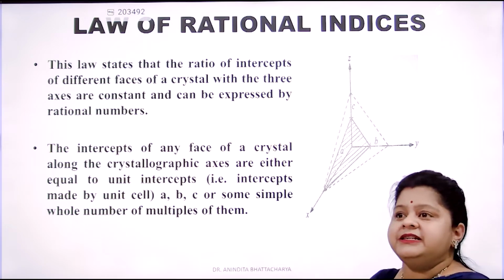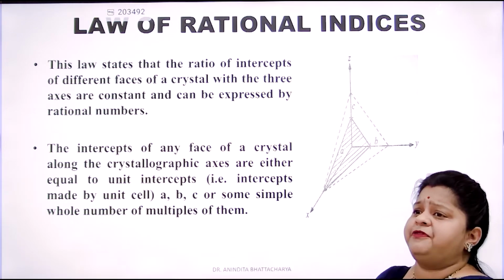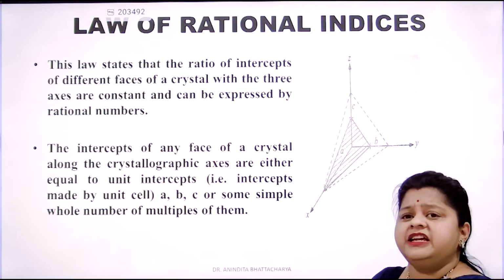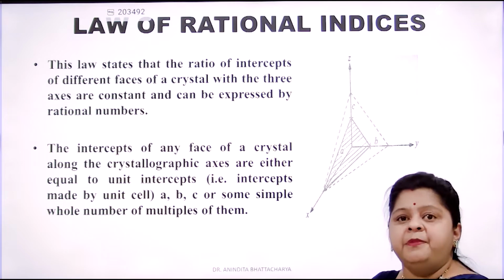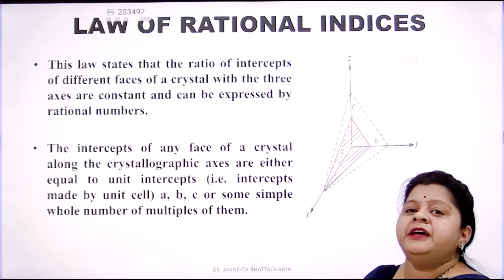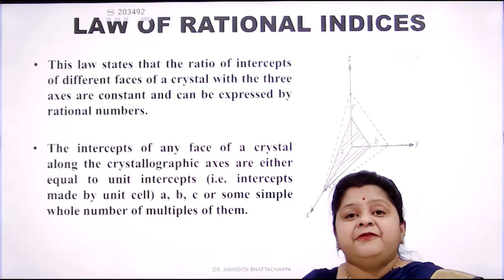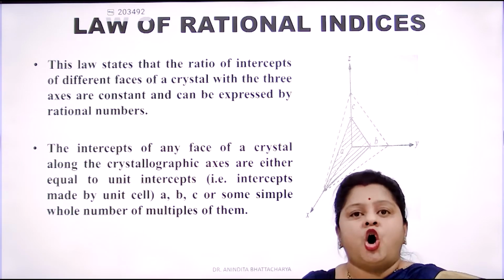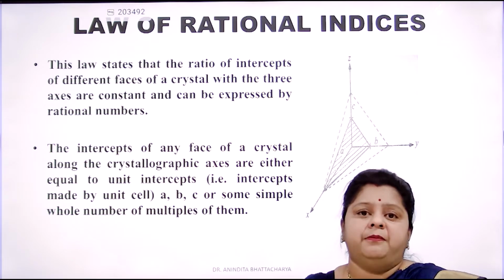The three intercepts of any face of a crystal along the crystallographic axes are either equal to unit intercepts or some simple whole number multiples of them. They will never be decimals or fractions. They will always be simple whole numbers.